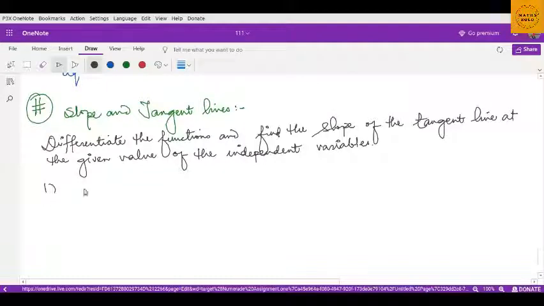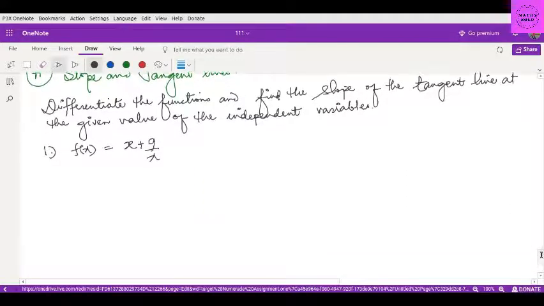So here the question is f of x equals x plus 9 upon x, that is written as x plus 9 x to the power minus 1, and x is equal to minus 3.